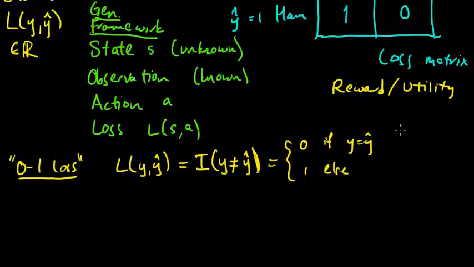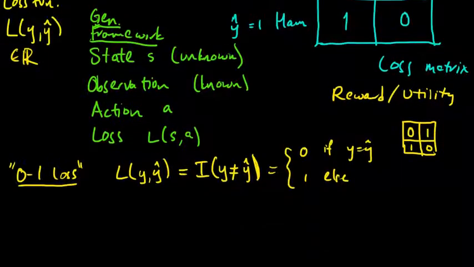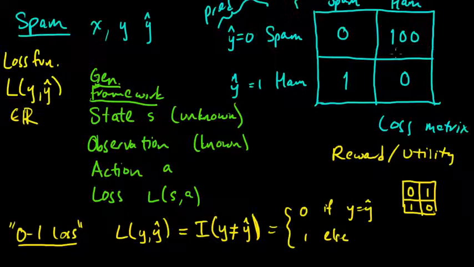And this is usually used in classification. So for binary classification, for example, we'd have our little loss matrix, where if they're the same, it's 0, and 1s otherwise. You can contrast that with this case.